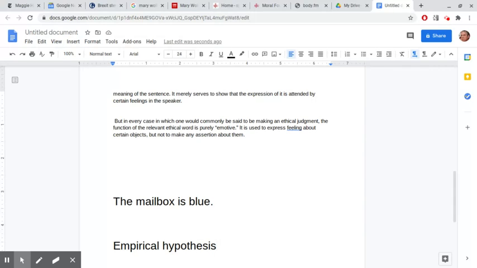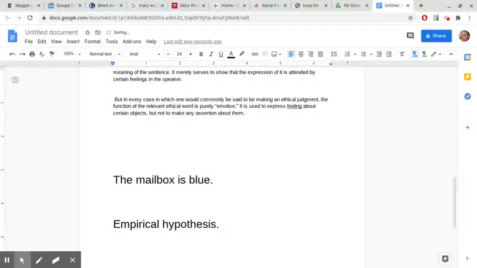And however obvious that may be in this particular case, it's the kind of thing that he calls a synthetic proposition. Why synthetic? Because two things are being put together which don't obviously go together, or they don't necessarily go together.